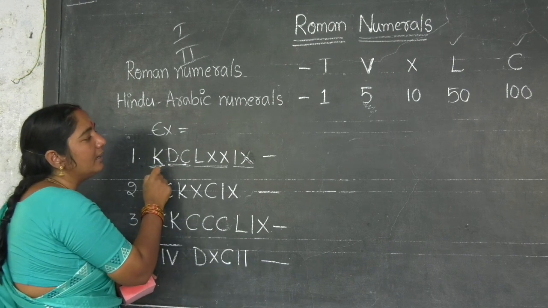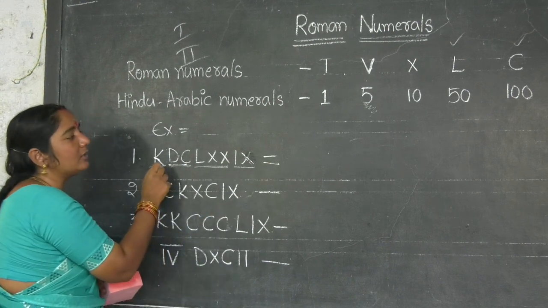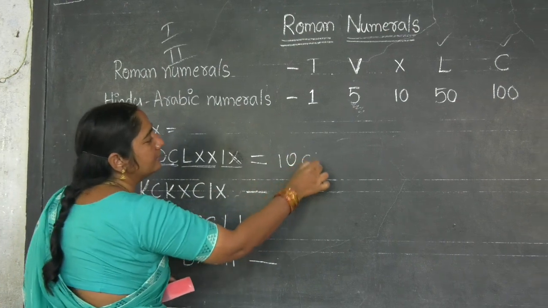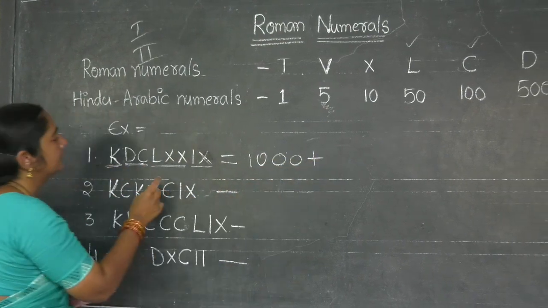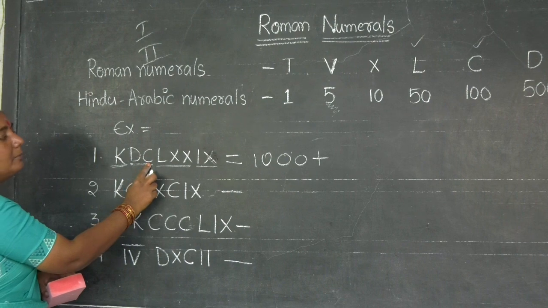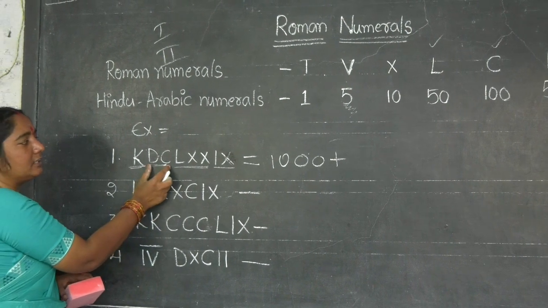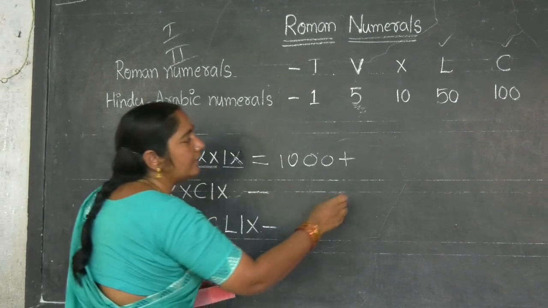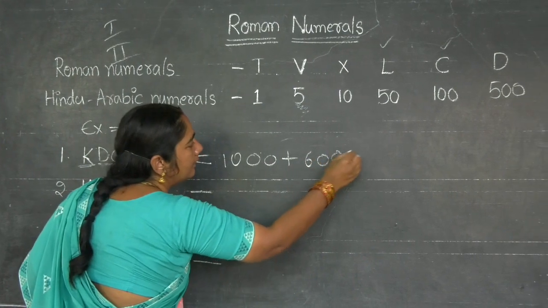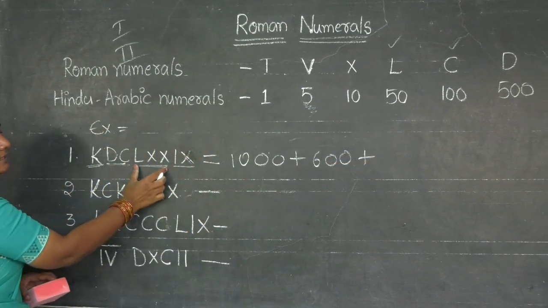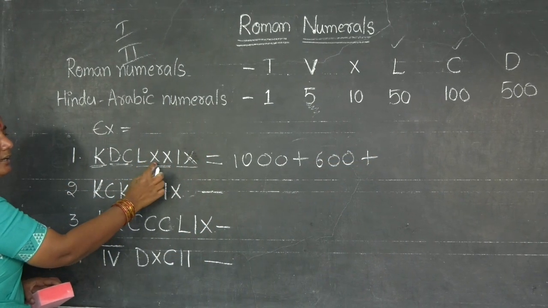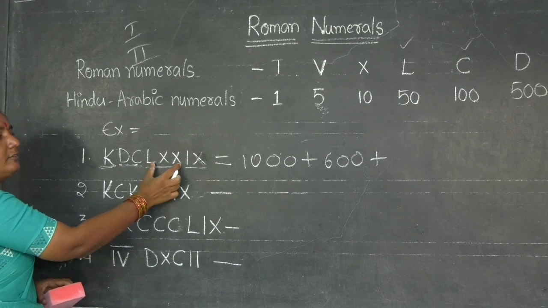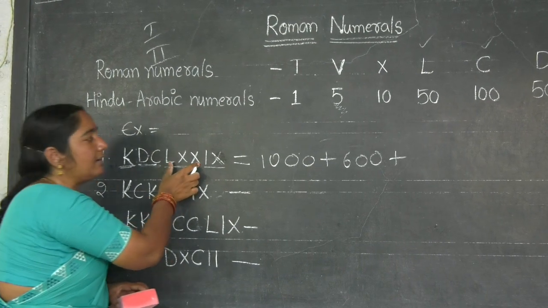Now, this number is equal to K stands for 1000 plus D is 500 plus C, that is 100. So this is nothing but 5 plus 1, that is 600, plus, now this is L stands for 50 plus 10 plus 10, 50 plus 20, that is 70.